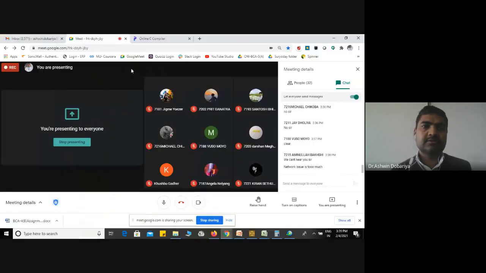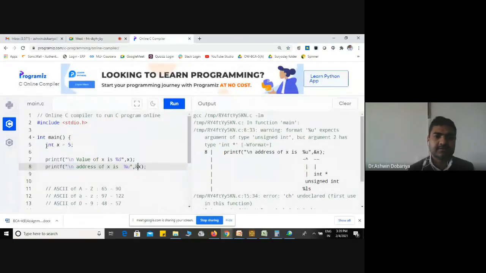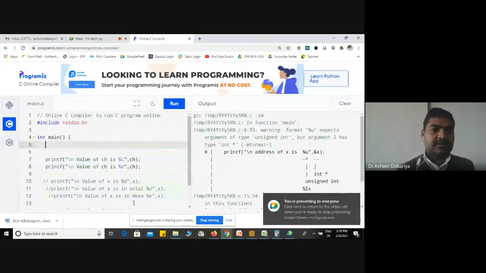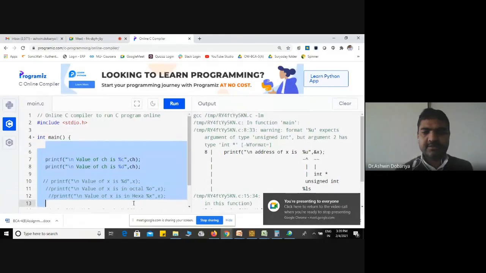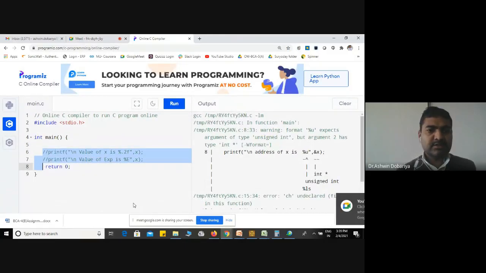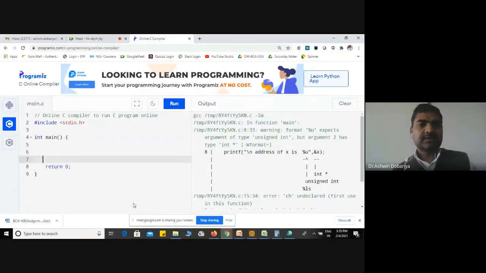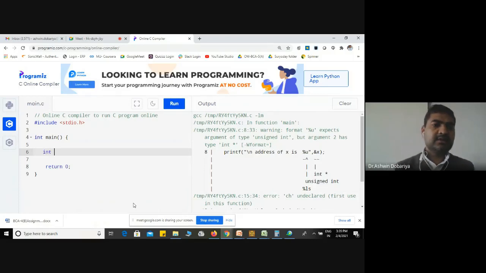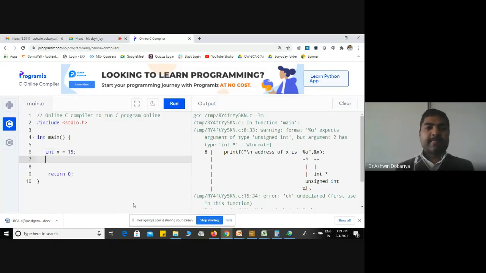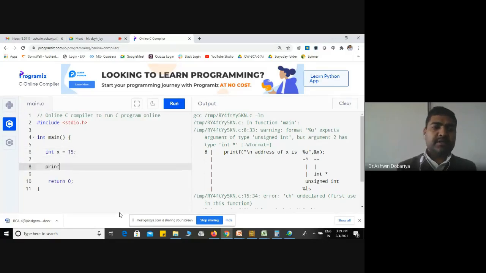I just start in the practical. So, let's clear everything. Now the same programming you can run in Turbo C also, but this is flexible, so I am using this. Integer x is equal to 15. Now printf.